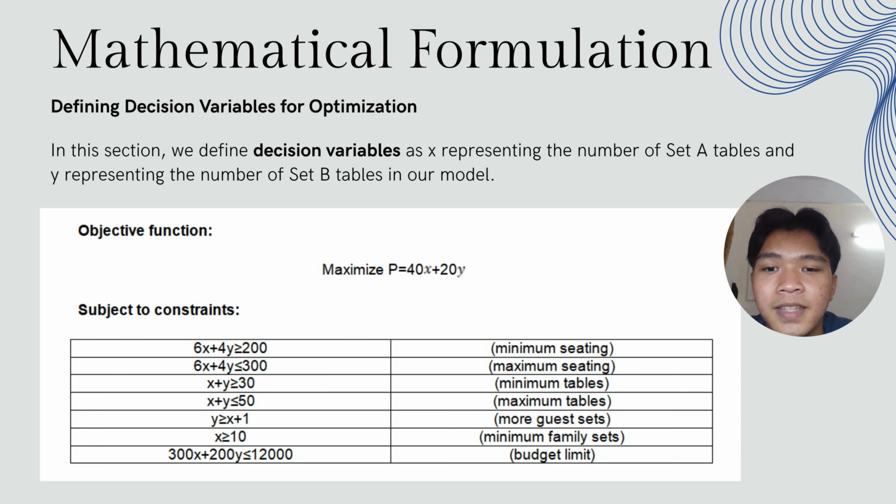However, when integer conditions are added, like in our case, the model becomes an integer linear programming problem. Integer linear programming models are very common in logistics and event management because they deal with real-life items that come in whole quantities.